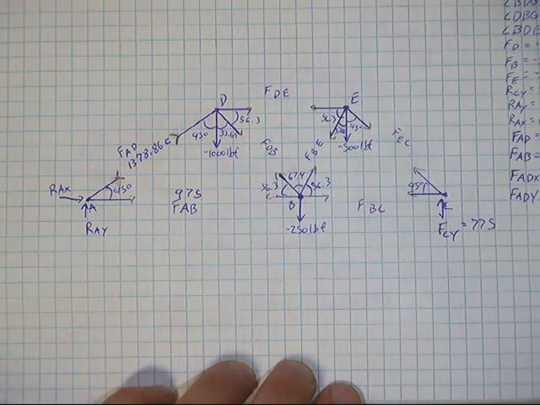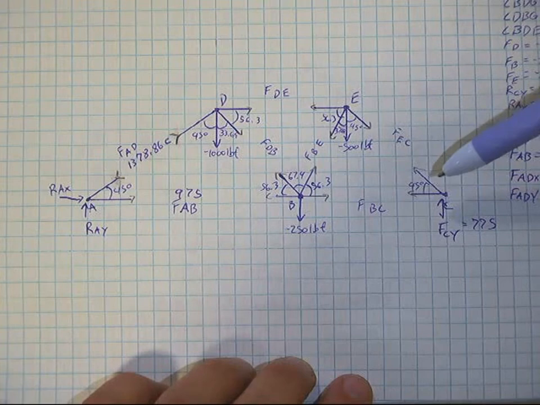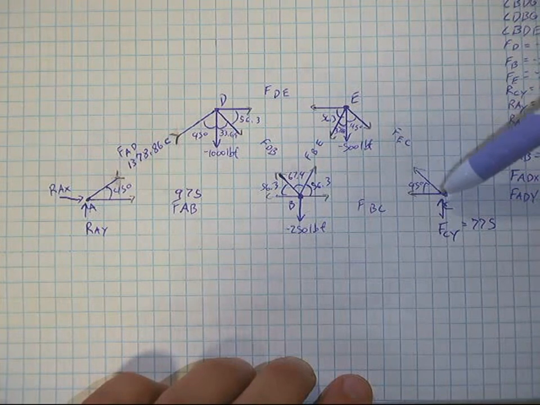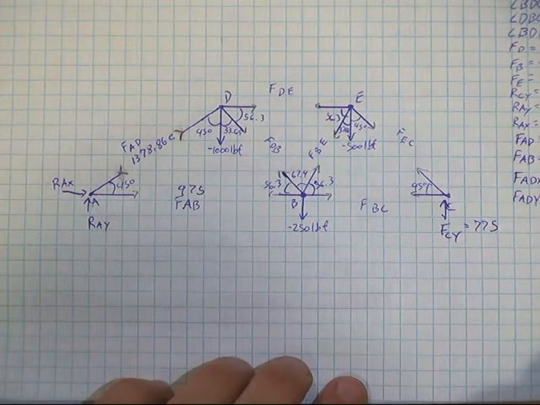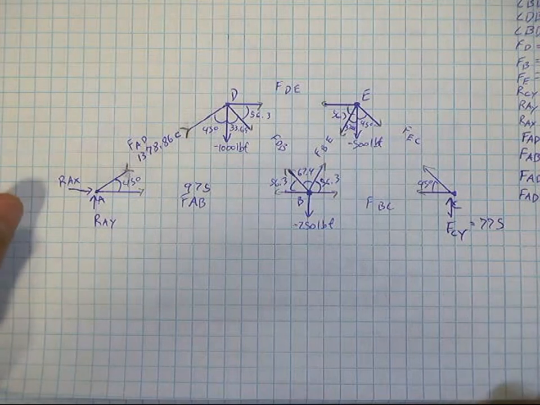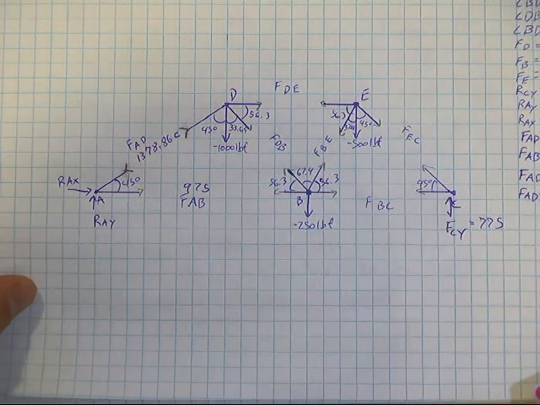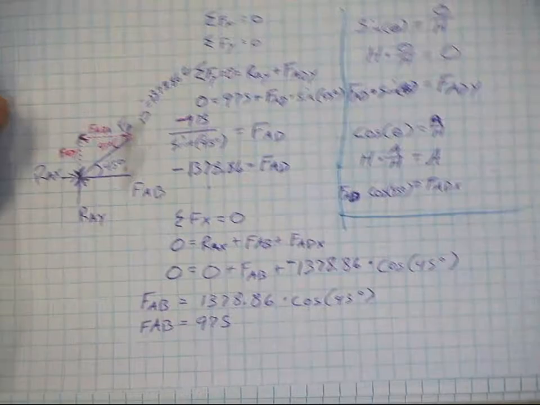The next thing we can do is either start with FCY, at point C, or do point D. For the purpose of the demonstration here, we're going to go with D, just because it's more complicated, just like we did on A.